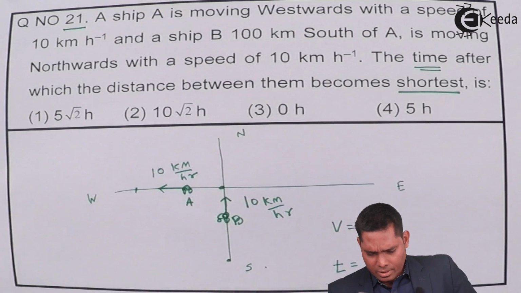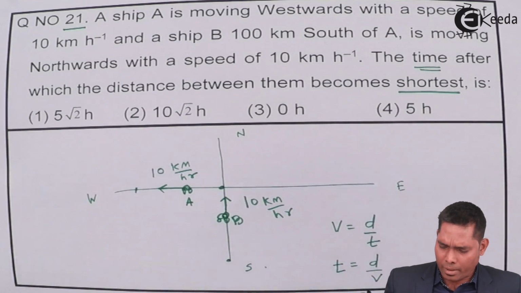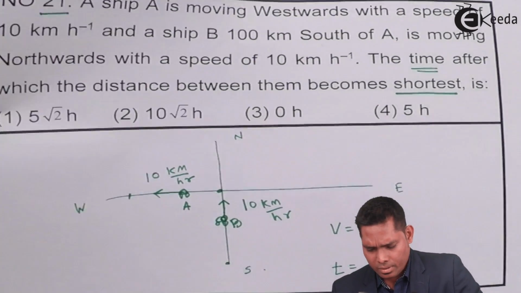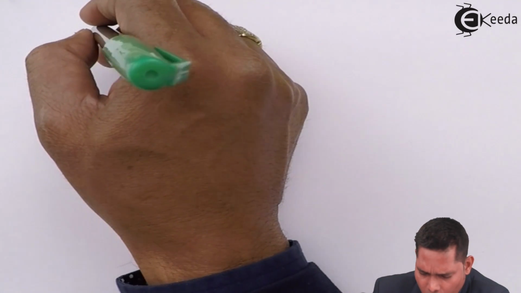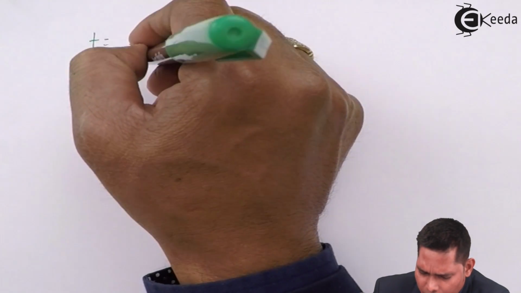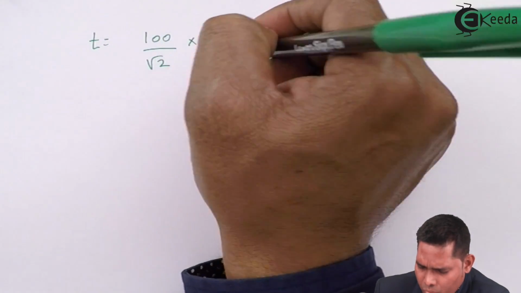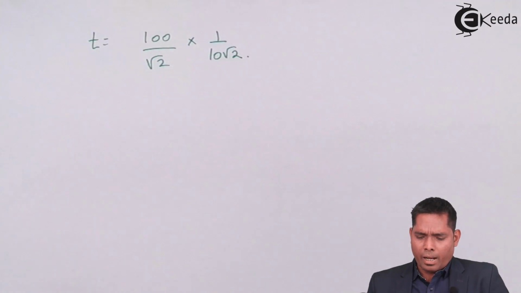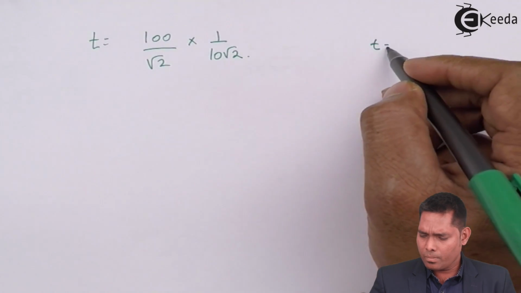So the time can be obtained as follows. The distance is shortest, so the time is 100 divided by root 2, into 10 root 2. What is the meaning of that? As I told you, time is distance over speed.